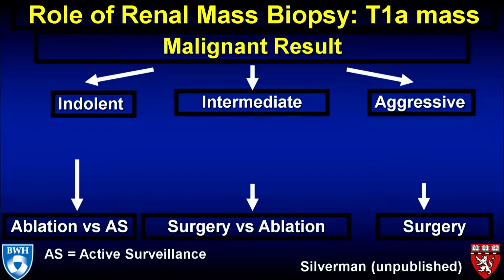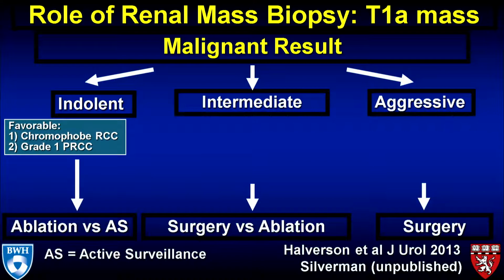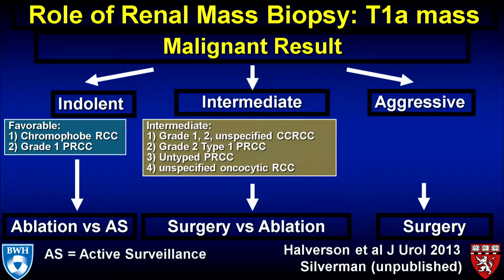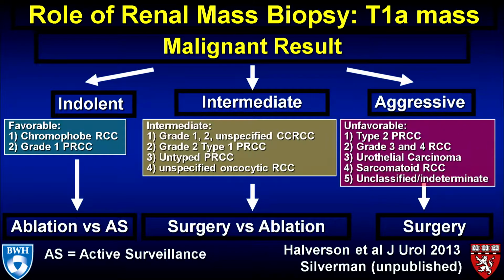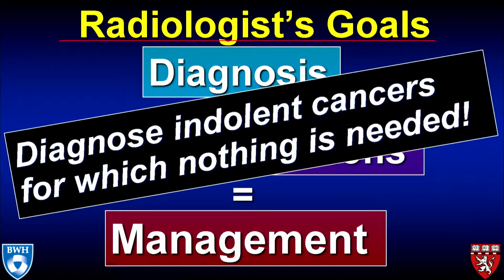This is just my schema, but I've taken a Michigan group study from 2013 in which they stratified patients into indolent, which was chromophobe renal cell and grade 1 papillaries; intermediate, which was the low-grade clear cells and the grade 2 type 1s; and aggressive, type 2 papillary, like that case I showed you up top, or a high-grade renal cell, urothelial, or sarcomatoid. And then maybe something like this might really be the wave of the future of determining which patient should undergo which treatment strategy.